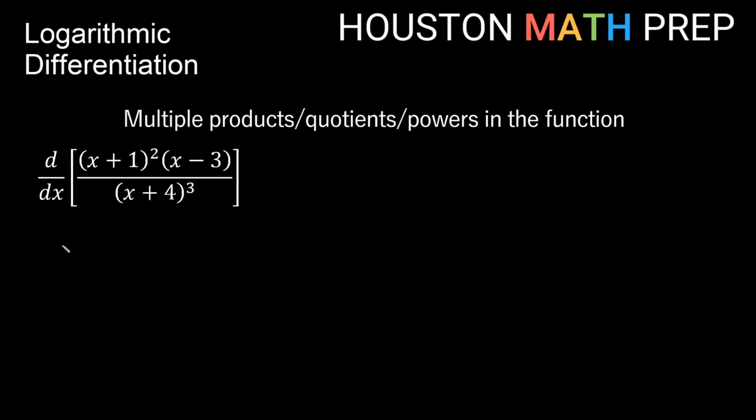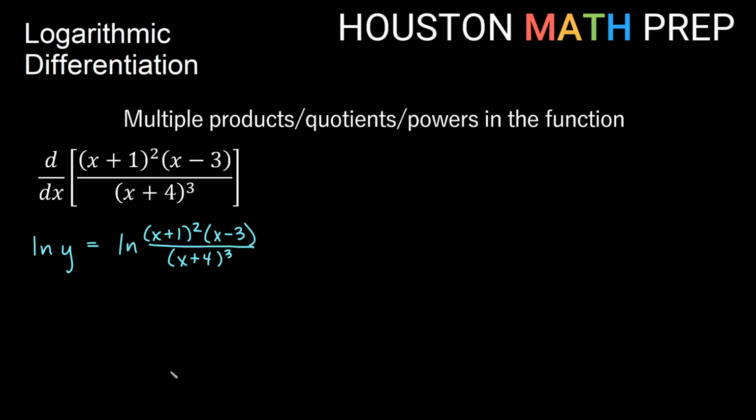We're actually going to just start by letting y equal this expression that we have. So y is equal to x plus 1 squared, x minus 3, all over x plus 4 quantity cubed. And what we're going to do is take the natural log of both sides.